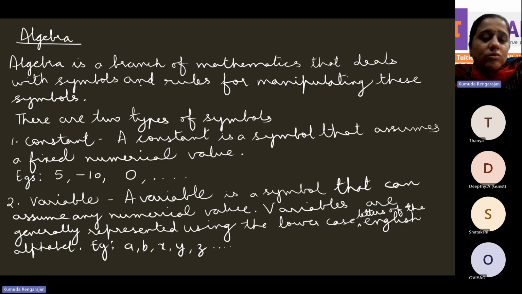All right, children. So what is algebra? Algebra is a branch of mathematics that deals with symbols. Also, there are some rules for manipulating, meaning calculating or working with, these symbols.